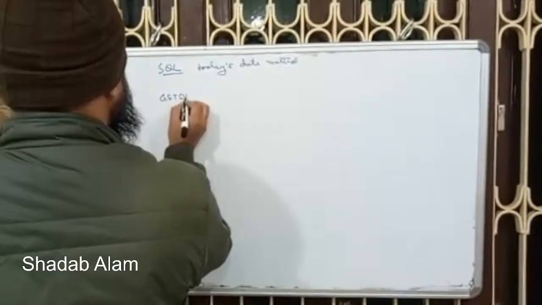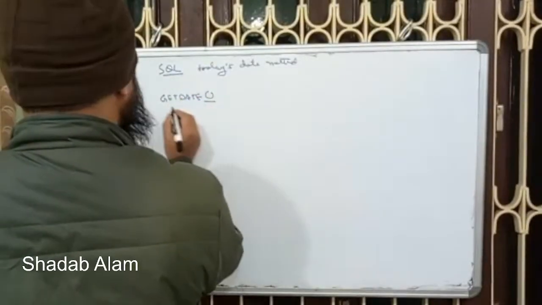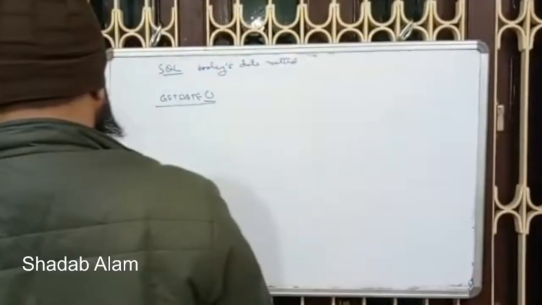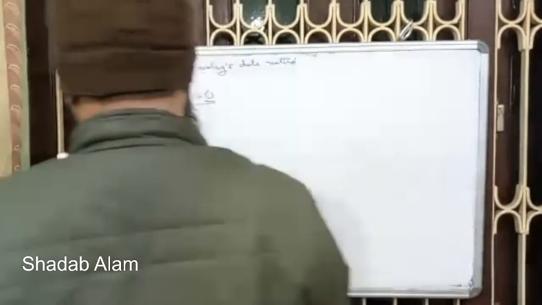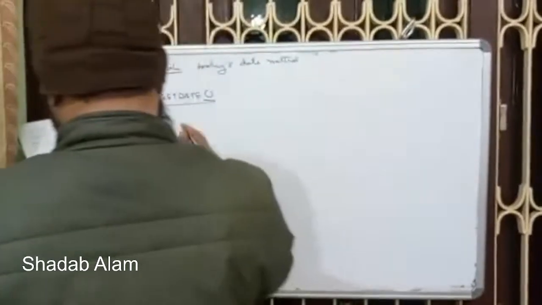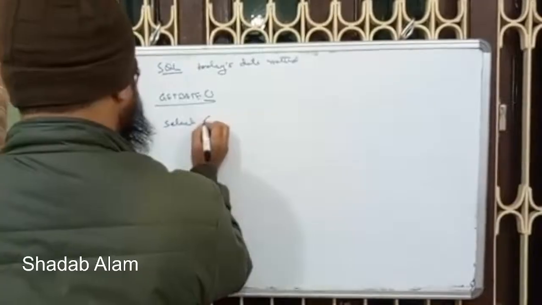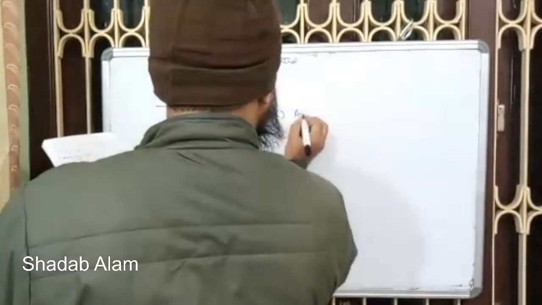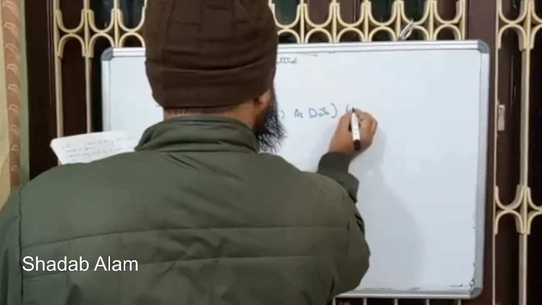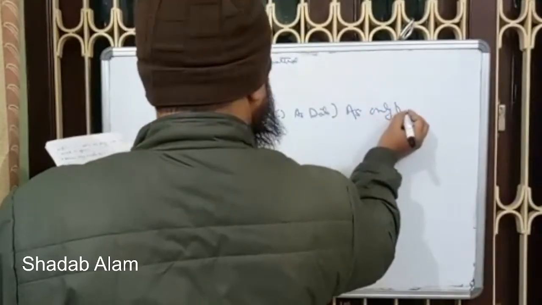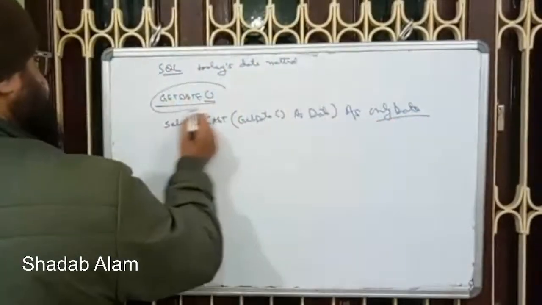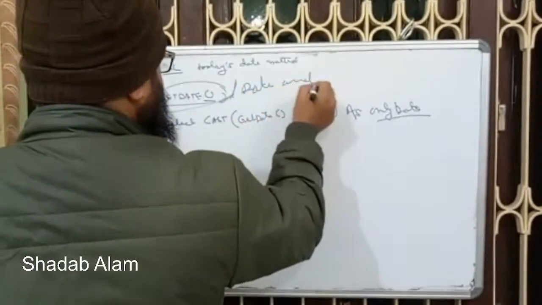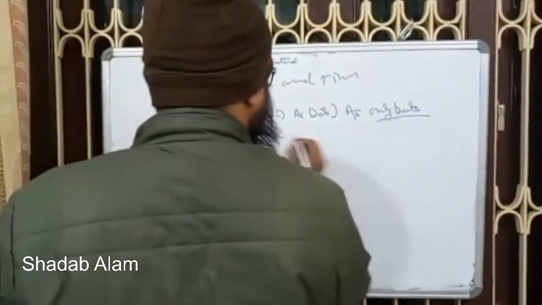GETDATE method returns a date. Okay, but I want the date without time, so SELECT CAST(GETDATE() AS DATE) AS OnlyDate. GETDATE shows date and time, but you want to show only the date.